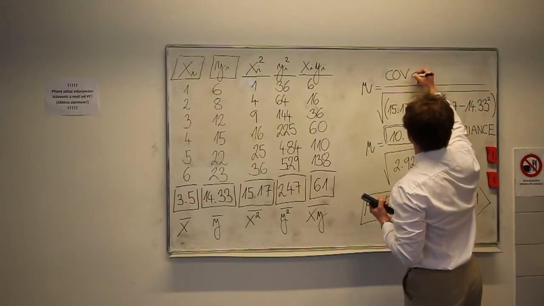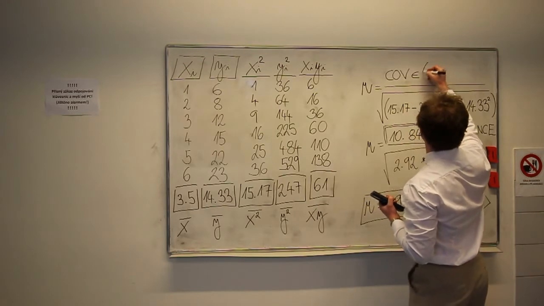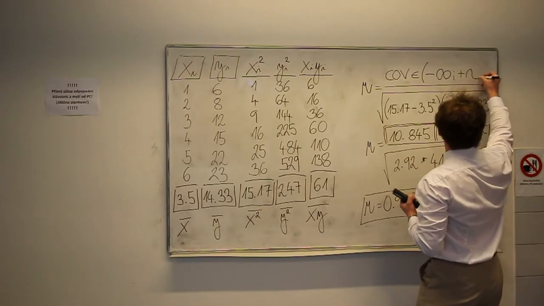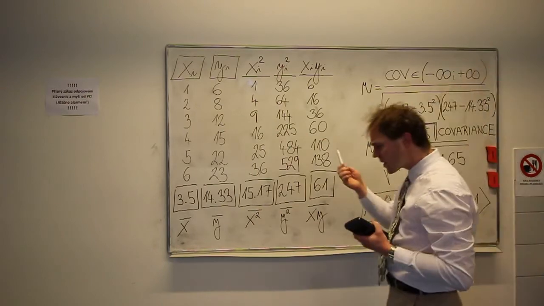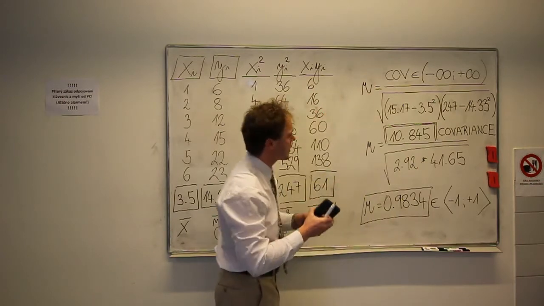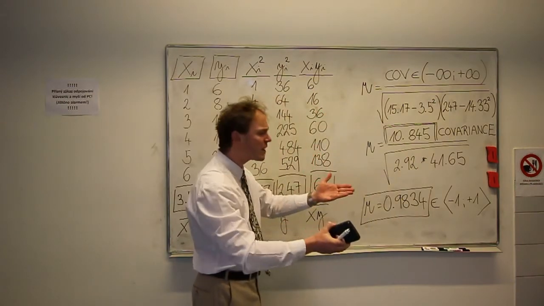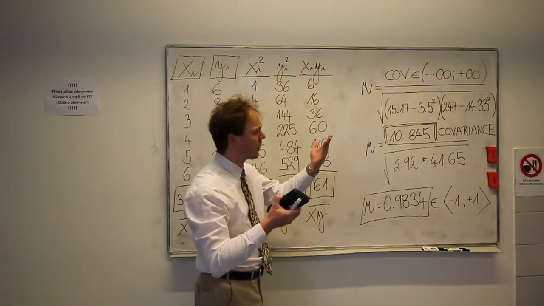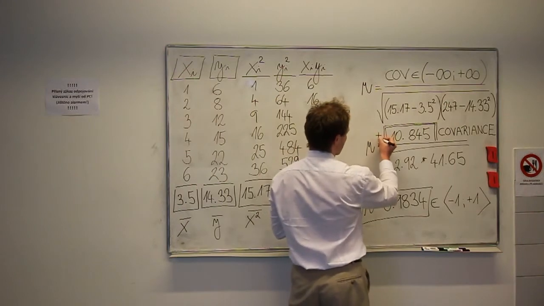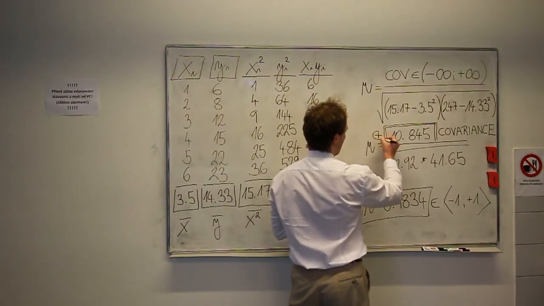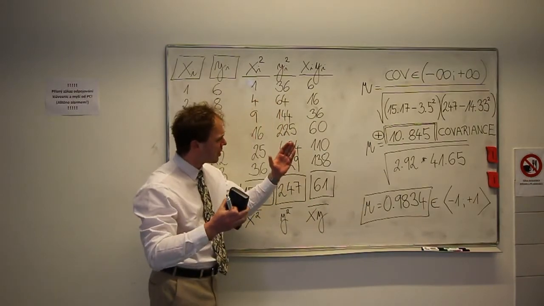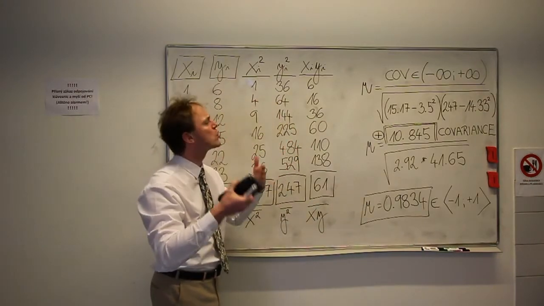Covariance, and this covariance statistic is element of range minus infinity plus infinity, and the sign, minus or plus, corresponds with the direction of the dependence. If the sign is plus, like in our case, like in our situation, there is a positive dependence.